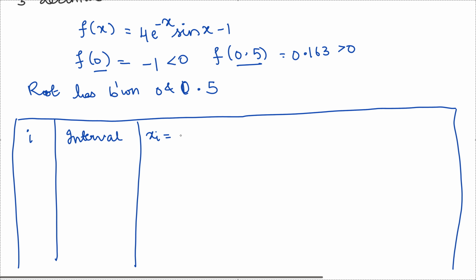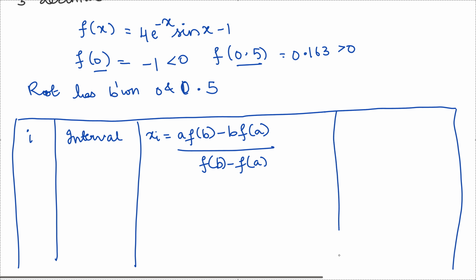How do we find xi in the Regula Falsi method? a f of b minus b f of a by f of b minus f of a, and then in the end we have f of xi, which is 4 e power minus xi sin xi minus 1.